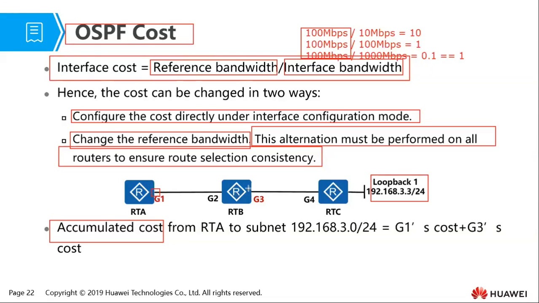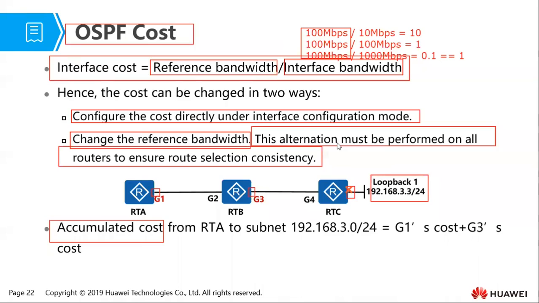So the cost of G1 plus the cost of G3. So that is what is going to give us the total cost of arriving to this network. And we don't add the cost that is connecting to that network. So we don't add that particular one. We don't add this one. So we don't add that cost. We only add this one and this one. So I hope you understand what I mean there.